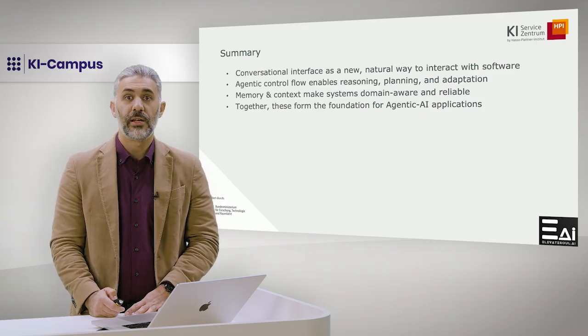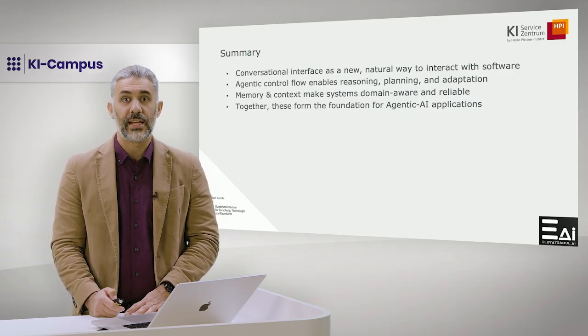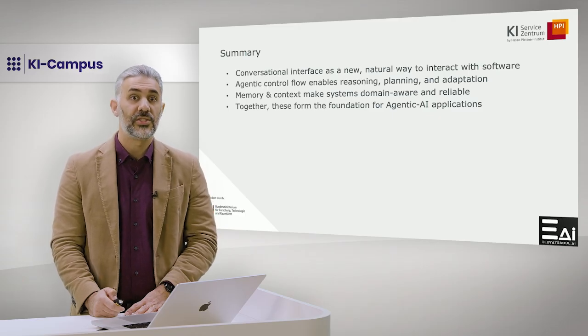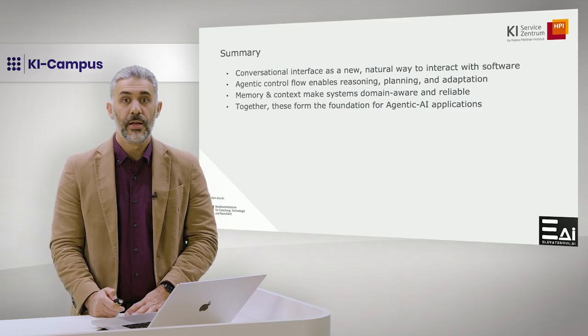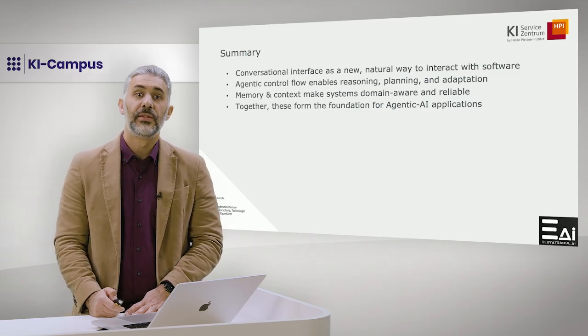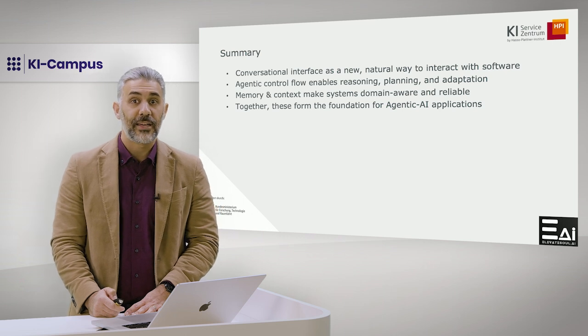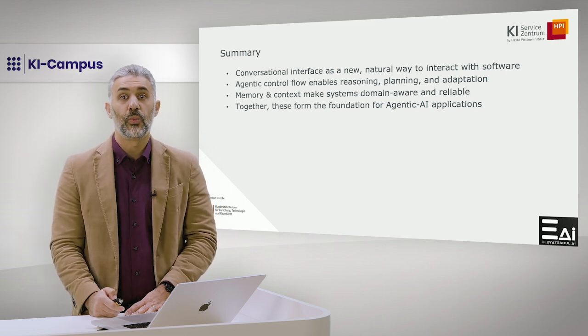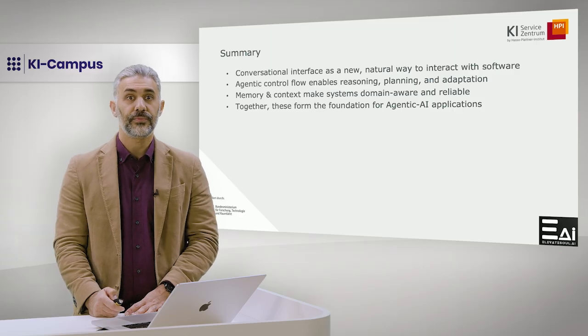Instead of executing predefined steps or static goals, the system can reason, plan, and adapt based on the situation. And third, memory and context. By bringing in documents, data, or previous interactions, the model can operate with accurate, task-specific knowledge rather than relying on what it was trained on.